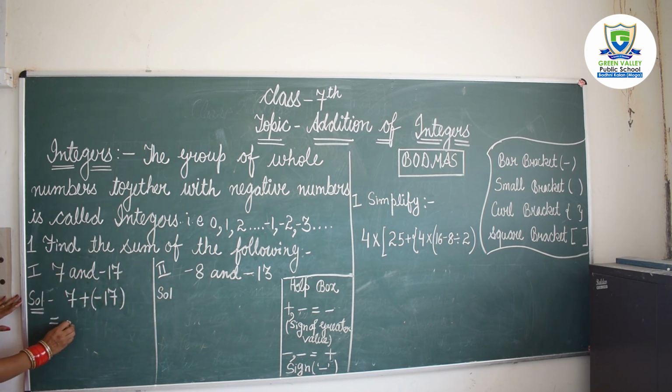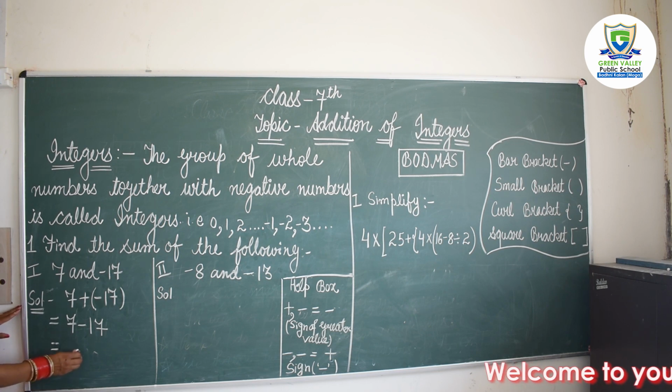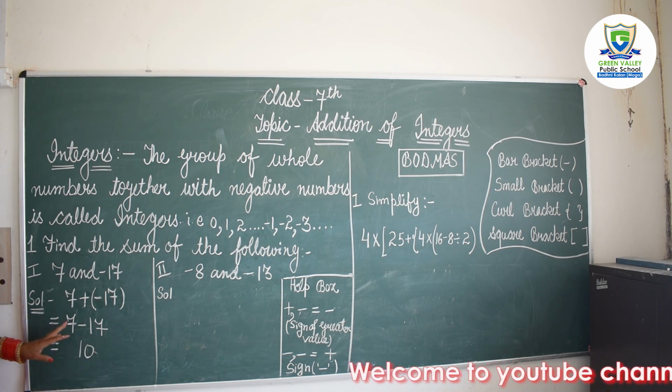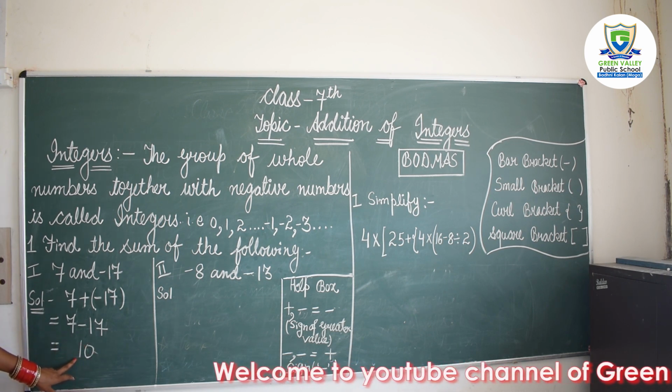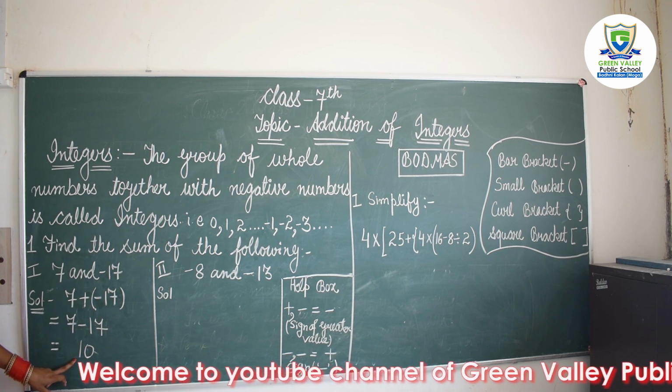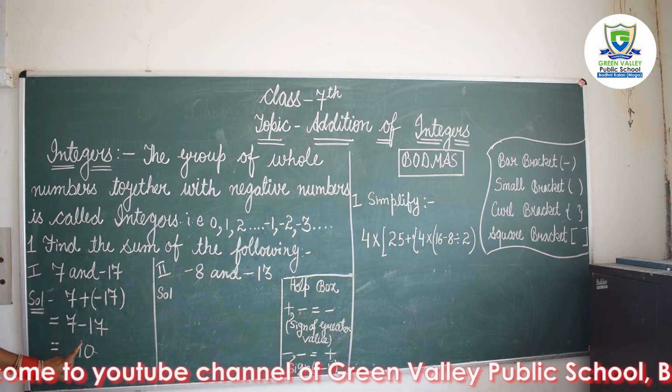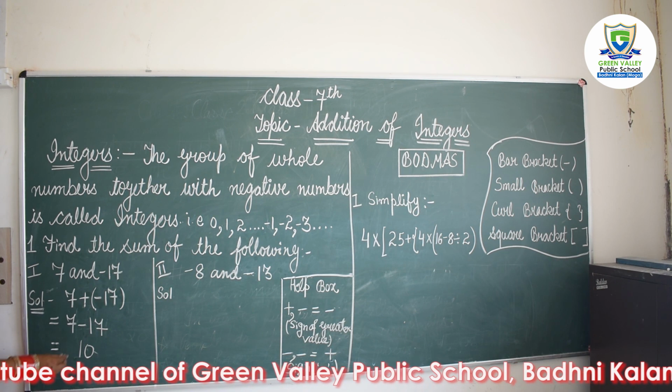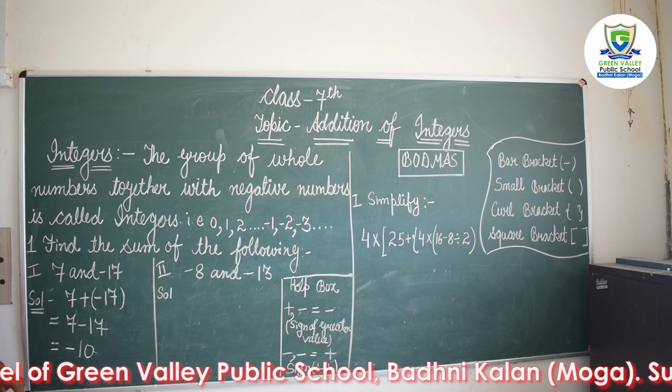So you will write 7 minus 17. Now you can see that one sign is positive and one sign is negative, so plus minus is minus, and the sign which will come in your answer is according to your greater value. Now your greater value is negative in this statement, so your answer will be negative.